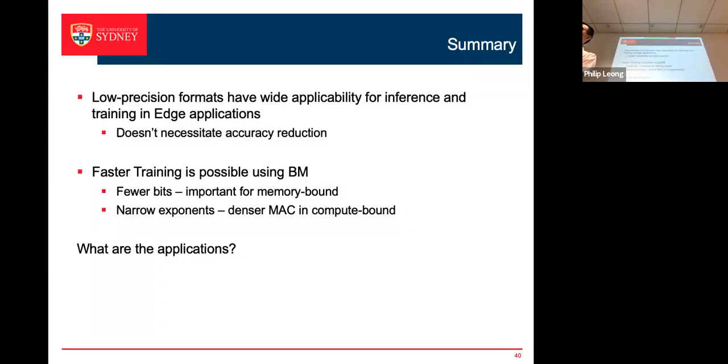But 4-bit seems too close to the sun for me. It feels like 4 might be doable if you have studied the problem well beforehand. You have scaling factors and all this to make it work, but you wouldn't want to bet for a network that you've never seen before that you can do 4-bit training on it. But 8-bit seems to work quite well.